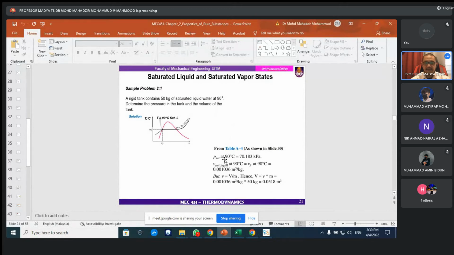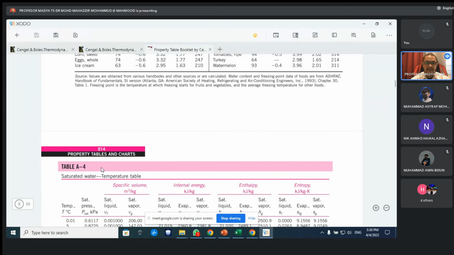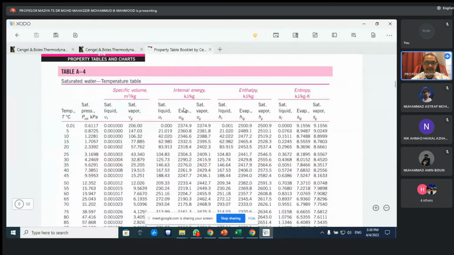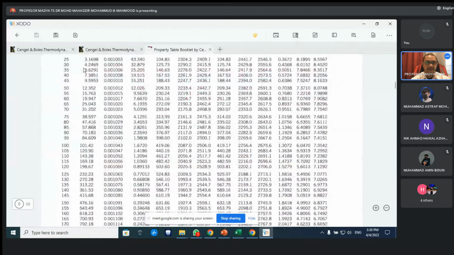The mass is 50 kilogram, the fluid is saturated liquid water, and the temperature is 90 Celsius. So at A4, we try to find the temperature 90. Okay, now you find this is the temperature 90.